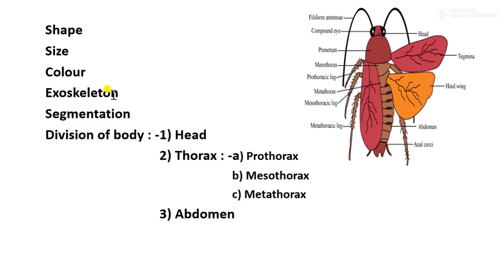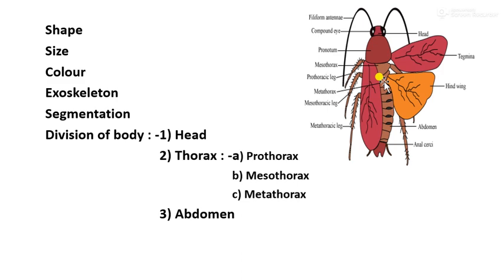Now we see the segmentation of cockroach. It shows clear cut segmentation in its body, except head. The total body segments in adult are 19 and 20 in embryo.